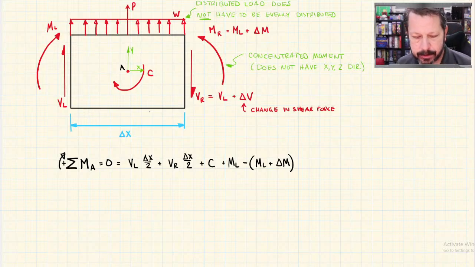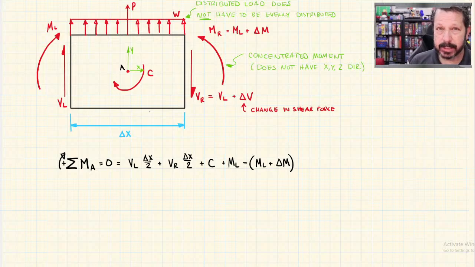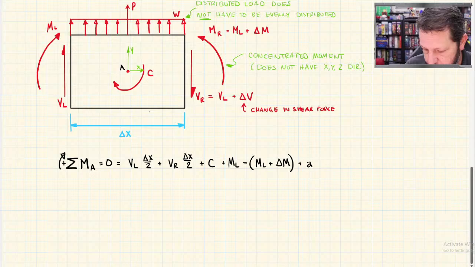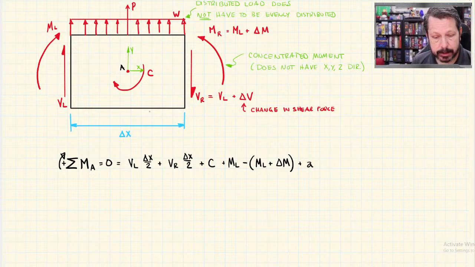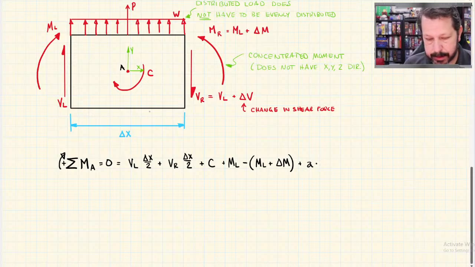What I'm going to do to handle the distributed load is I'm going to say that there's some coefficient, A, because it doesn't have to be an evenly distributed load. It's just some kind of coefficient, and I don't know what the value of it is, but there's some factor A times the lumped version of the distributed load, which is, well, let's just call it times W. Do I need to do that?